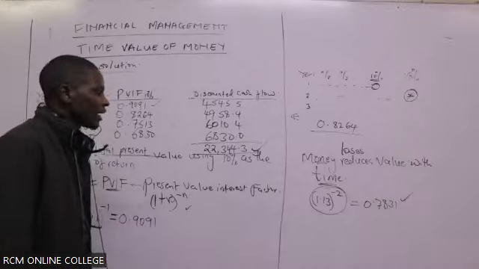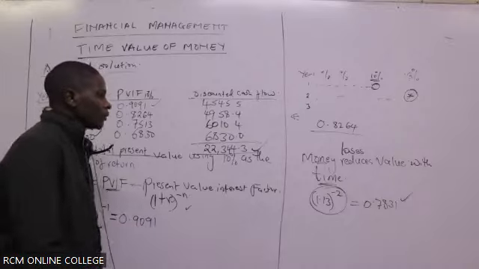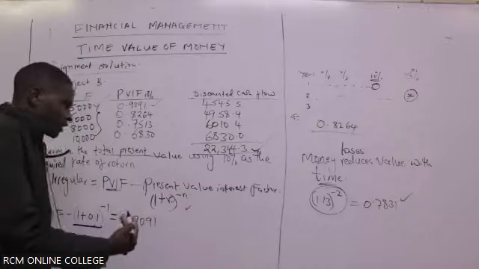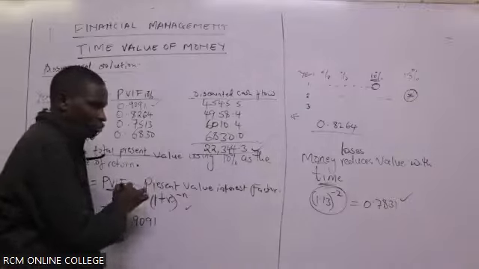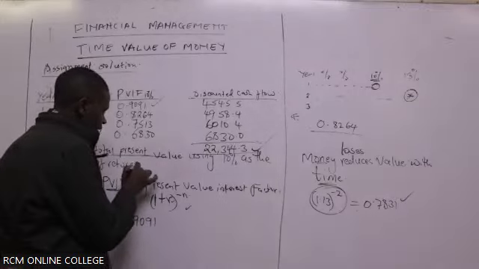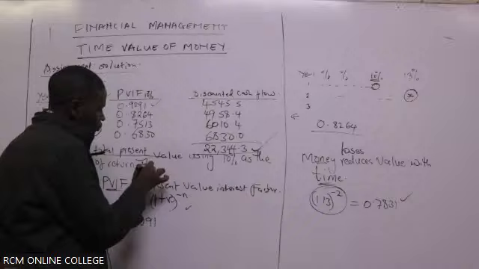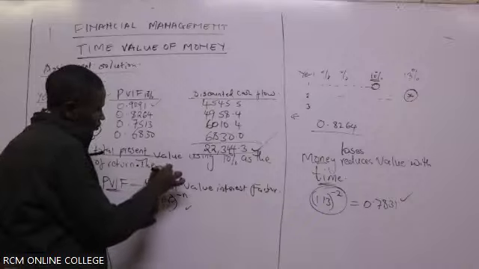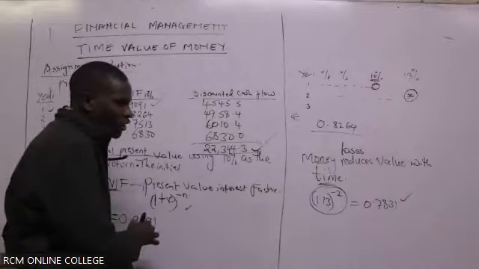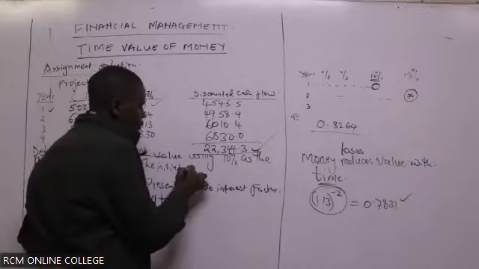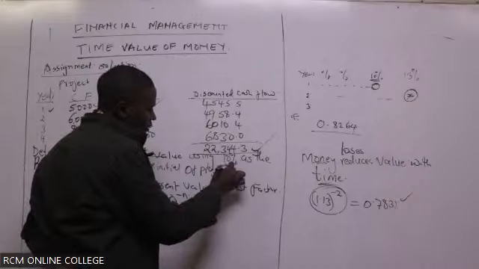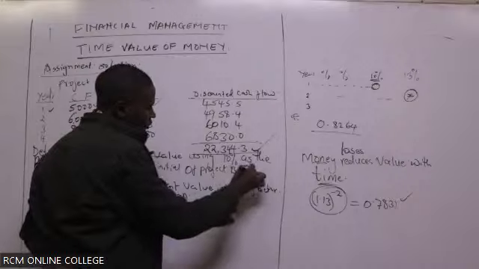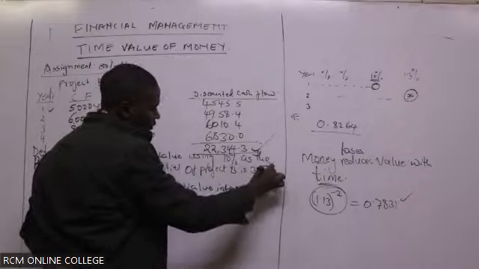Okay, now assume examiner tells you that add an information here and tells you that the initial outlay, we are expanding it now, the initial outlay of project B is 30,000.